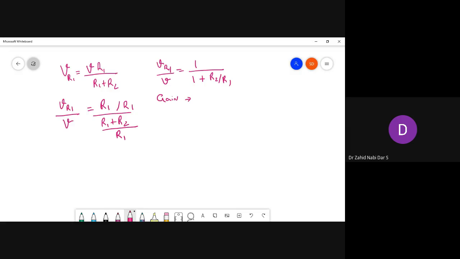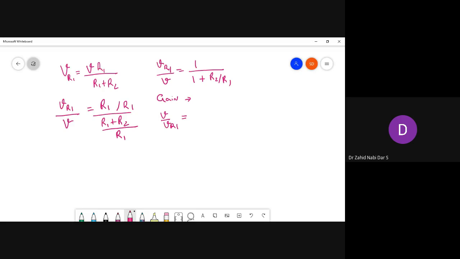So can you tell me where the voltage divider circuit is getting applied? Can anybody tell me? Now you have understood this voltage divider circuit. If you have to write this in terms of output by input, suppose your output is V and you have to do V by VR1. This would be the actual gain, because the gain is like your output voltage, that is the battery voltage, that is getting connected toward the absorbing element.